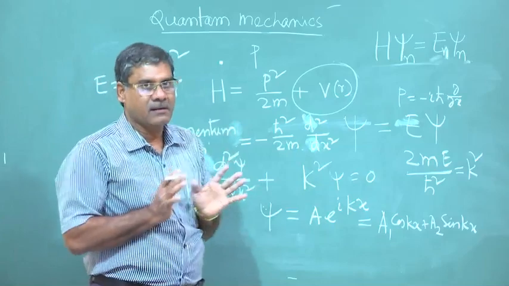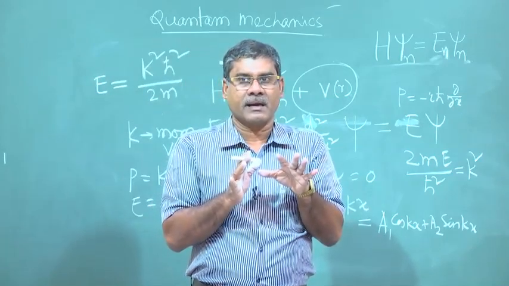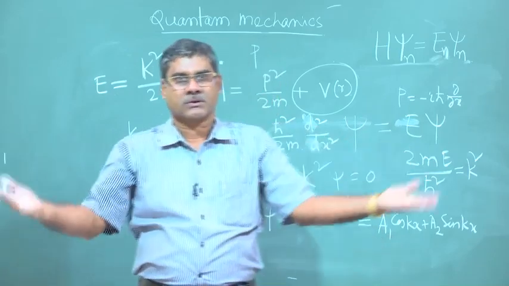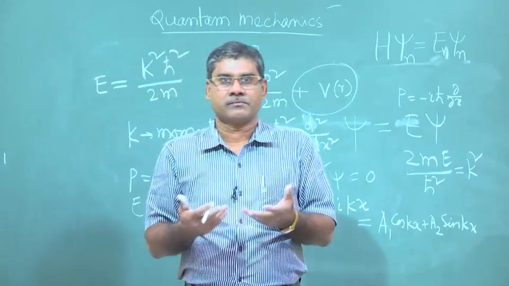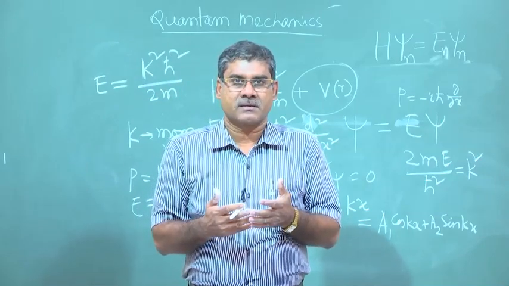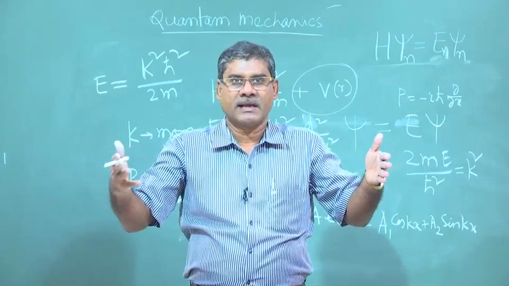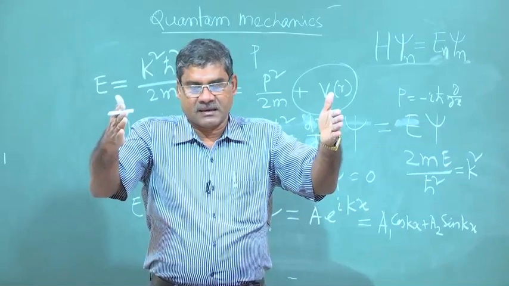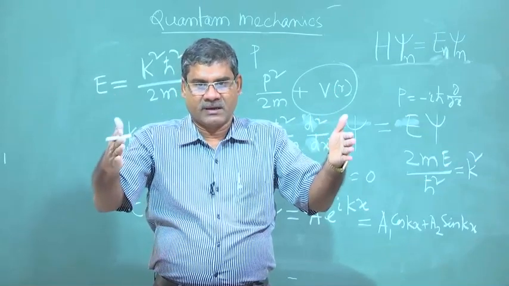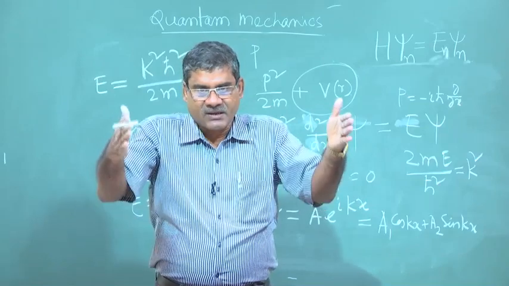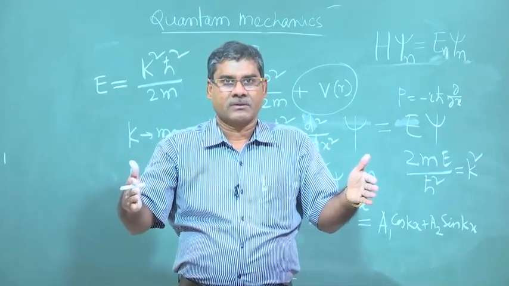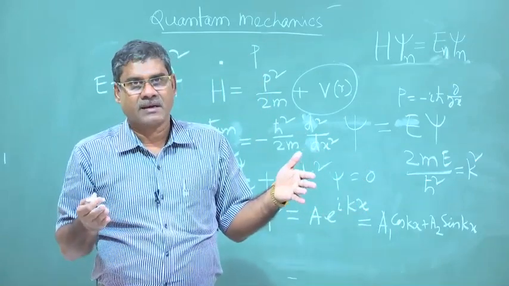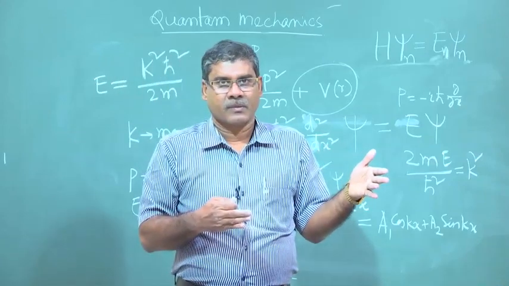Now it is a free particle. But it cannot go outside of a box. Okay, in a box it is free. But it cannot go outside the box. So then we tell in terms of potential. So at this boundary or this face of this box, okay, it's the barrier to the electron or to the particle.